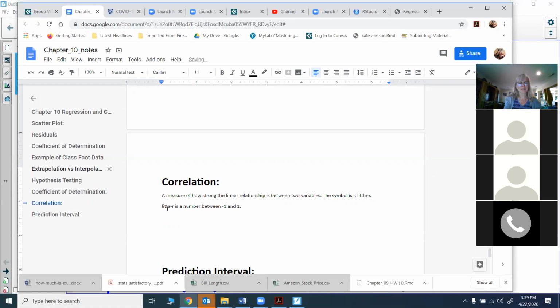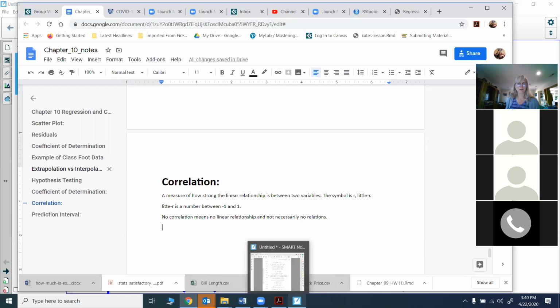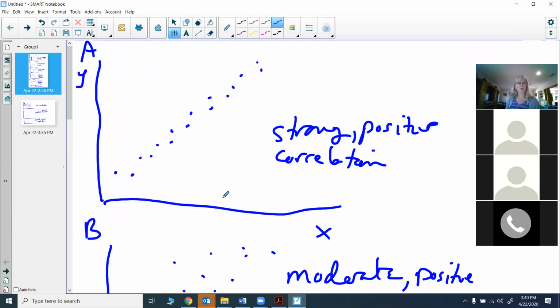Again, I do want to reiterate here that no correlation means no linear relationship, and not necessarily no relationship, because there could be a relationship, it's just not linear. Okay. And I am going to copy these and post them into this Google Doc here in a little bit. We're almost out of time, so I probably won't take the time to do that. But I just want to tell you what these quantifying values are for r.